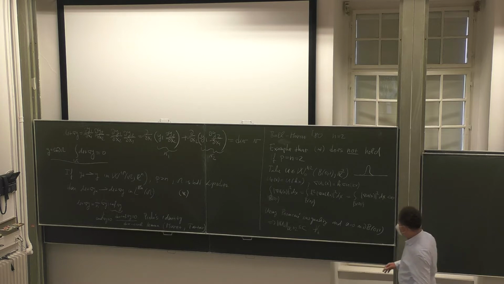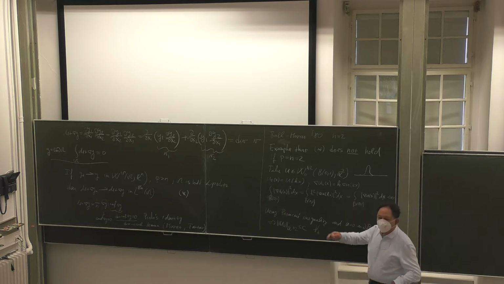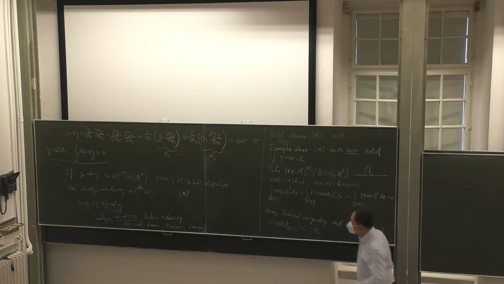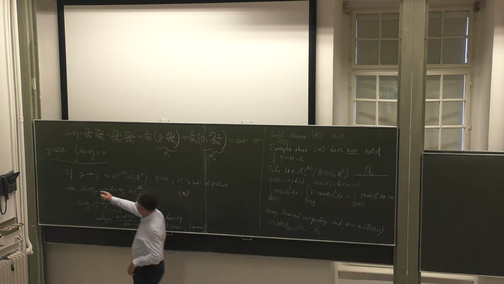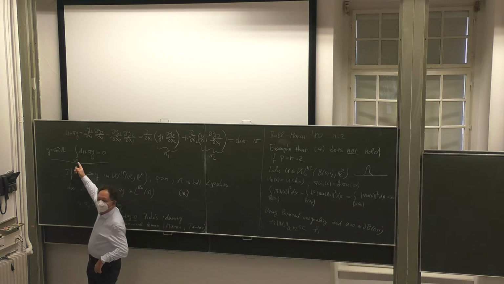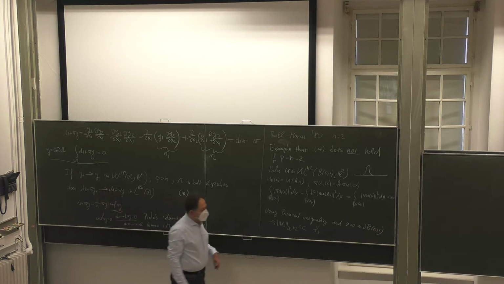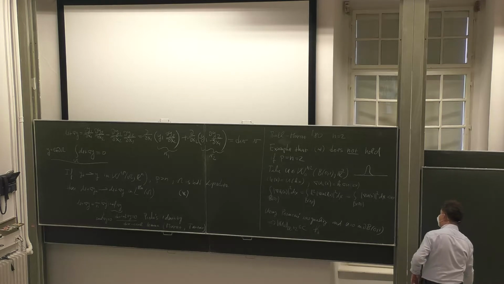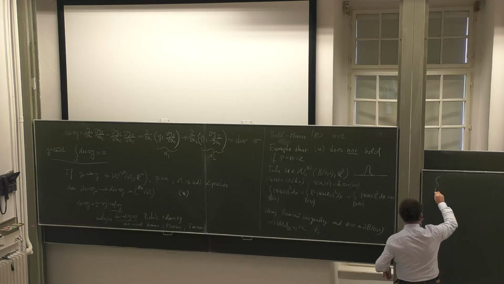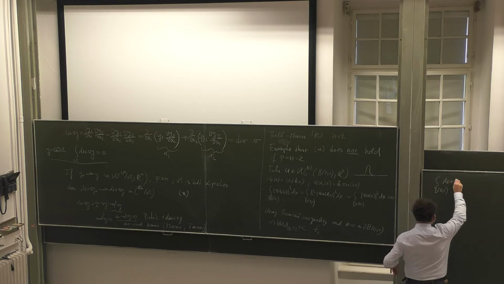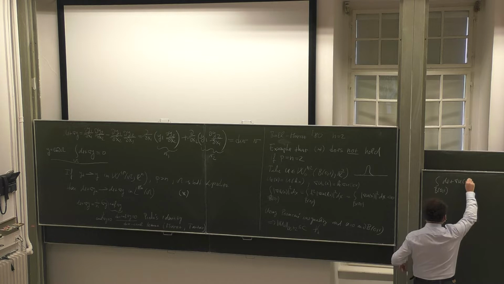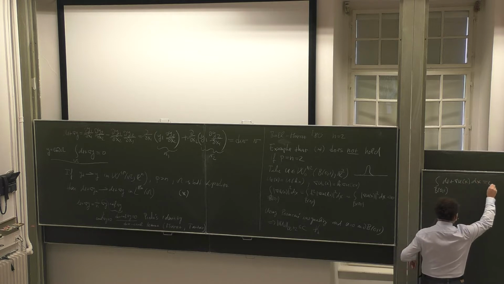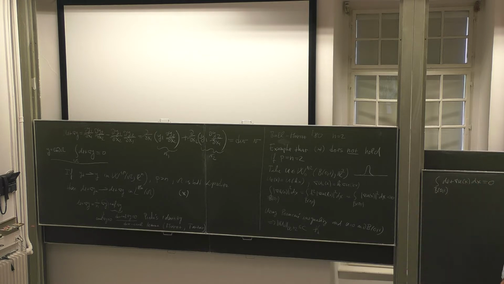Because everything is bounded on a ball, it's also bounded on a half ball. And we know that my determinant integrates over the ball to 0. So we know that the integral over the ball B(0,1) of the determinant of the gradient of u(x) dx equals 0, because I have 0 boundary conditions.